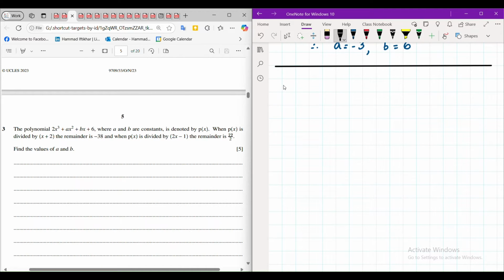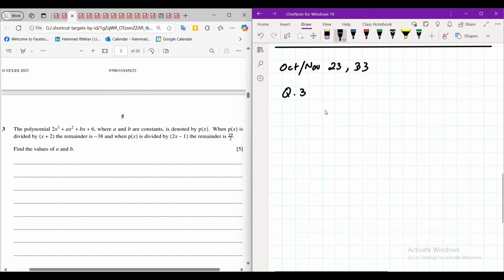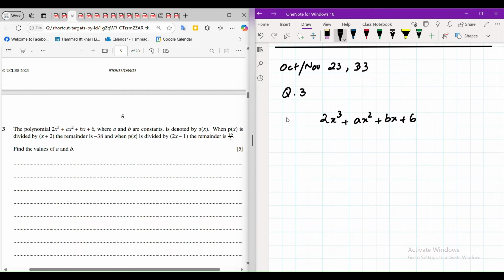Okay, so this one is October, November 2023, variant 33, and question number 3 also. It's a similar question. The polynomial 2x cubed plus ax squared plus bx plus 6, where a and b are constants, is denoted by p of x. When p of x is divided by x plus 2, the remainder is negative 38.